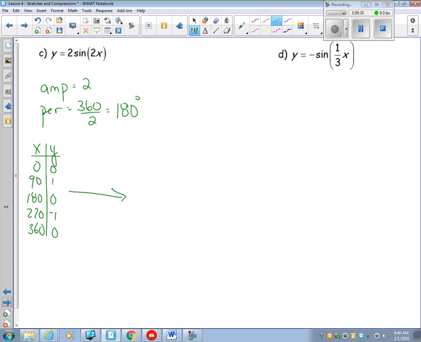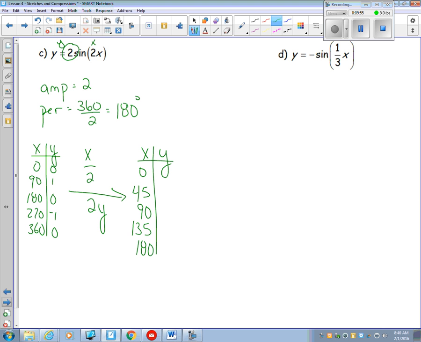Okay, what are we doing? The Y things. Well, this is a Y thing. It's a vertical stretch by 2. And this is an X thing right here, right? So we've got to take the X's and divide by 2. So we've done 2 things at once. Our new X's: 90 divided by 2 is 45. And 90. And 135. And 180.